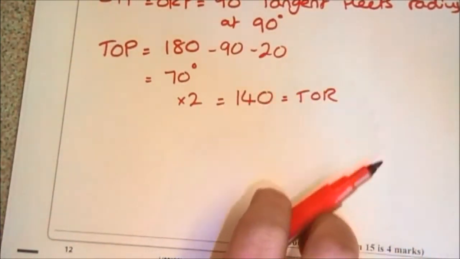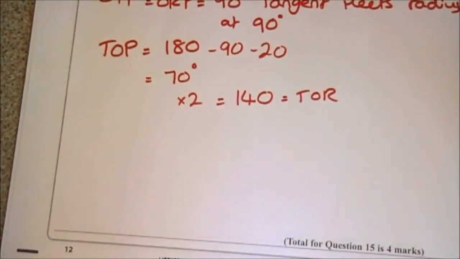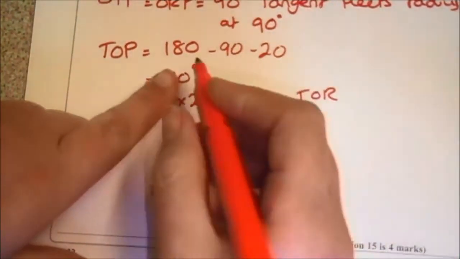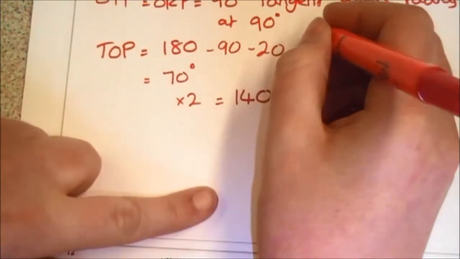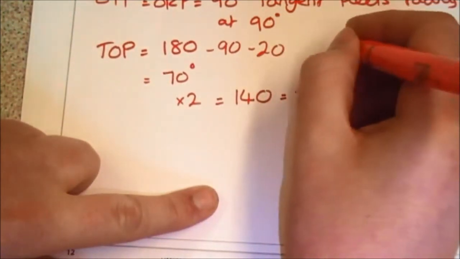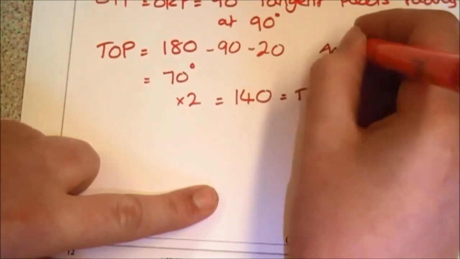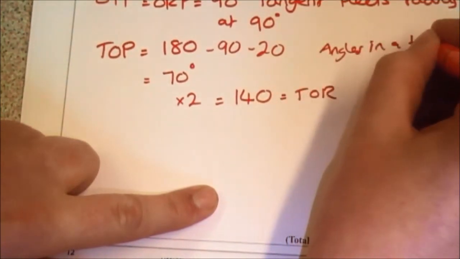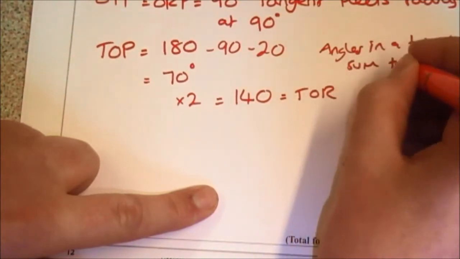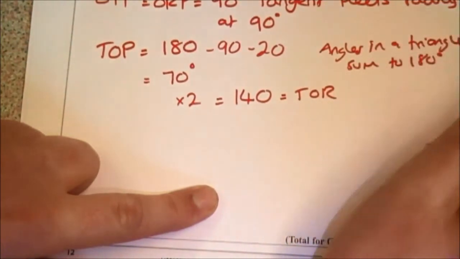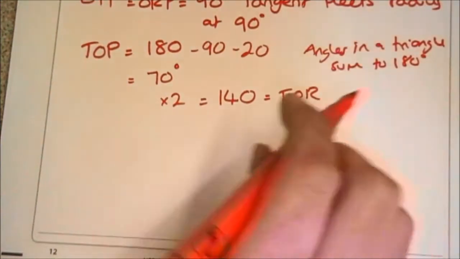And that's the final answer. So in order to get marks for this, oh, sorry, I haven't put my reason. I knew that this was 180 take away 90 take away 20 because angles in a triangle sum to 180 degrees. Sum means add up.